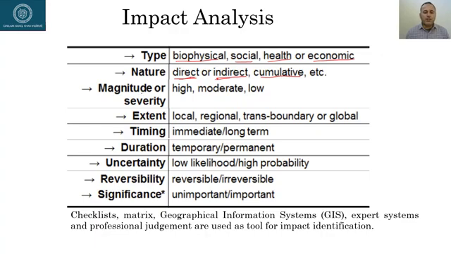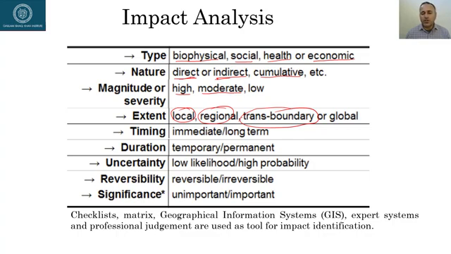And what is the magnitude of that impact? Based on their experience, they categorize them as high, low, or moderate. Extent. Are the implications local, regional, or transboundary? So I was talking to you about a gas pipeline between US and Canada.